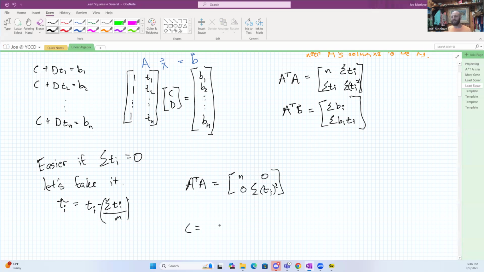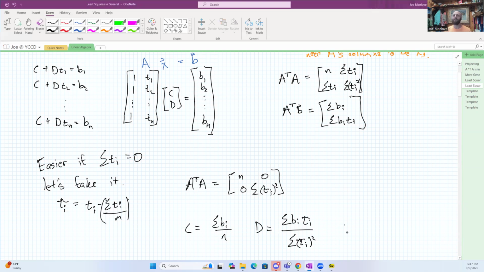That's going to give me that C is the sum of the bi's over, not m, n. And that's going to give me that D is the sum of the bi's times the tau i's over the sum of the tau i's squared. And then we could parlay this into actually getting our best line.